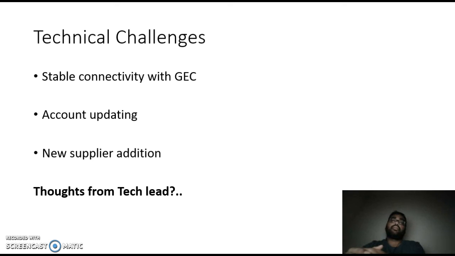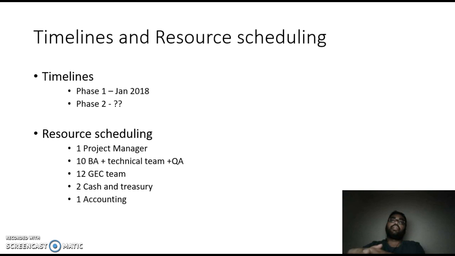We are discussing other challenges for the technical leaders. The next thing that we are thinking of right now is the timeline and the resources. We are thinking of two phases for this project.